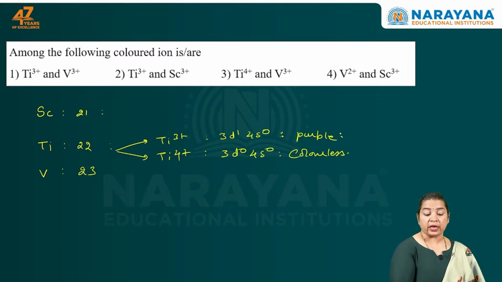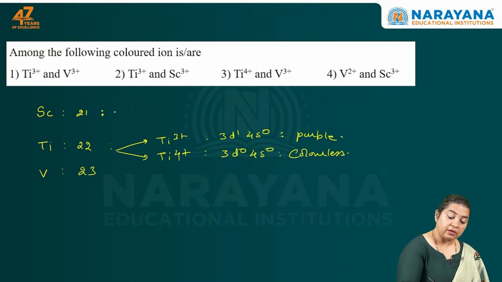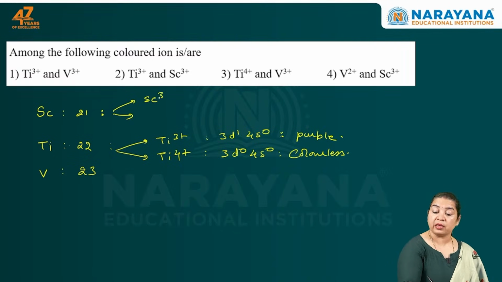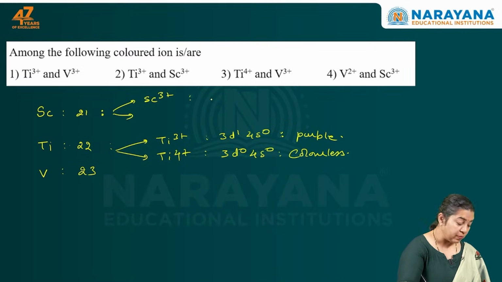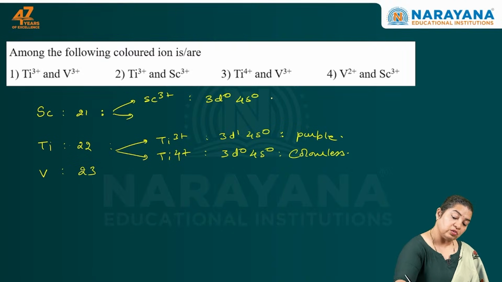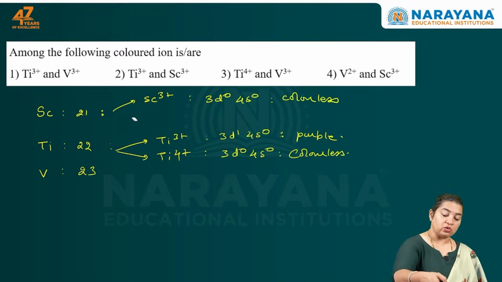Scandium is 3d1 4s2, but scandium 3 plus is asked. There is no other scandium. So, scandium 3 plus is 3d0 4s0 and is finally a colorless ion. There is no other, so let us leave that.